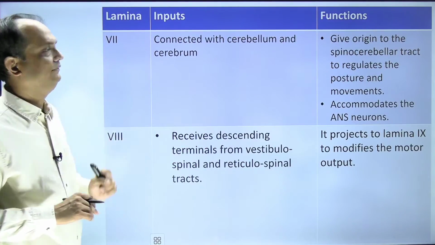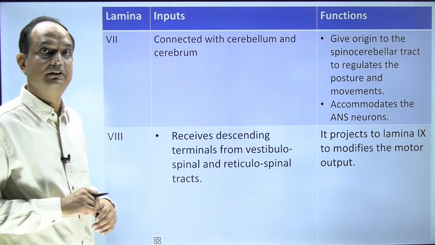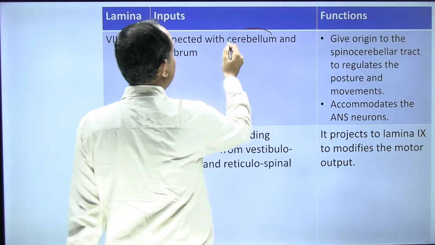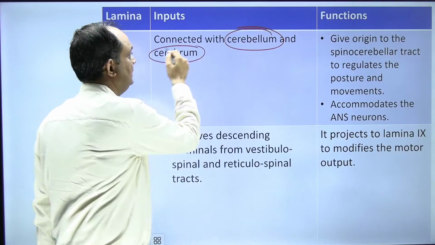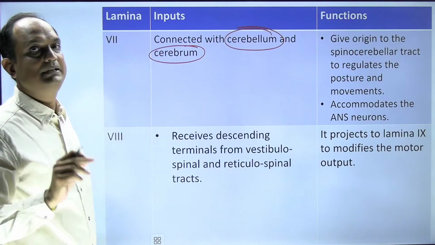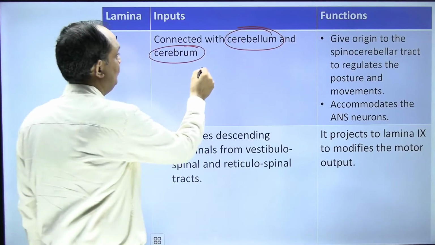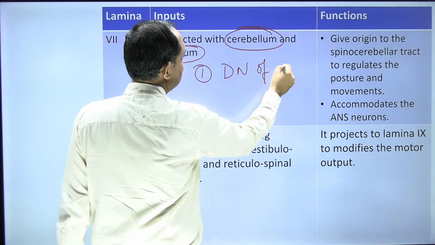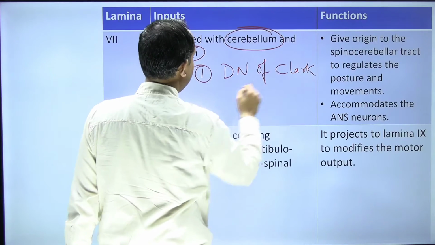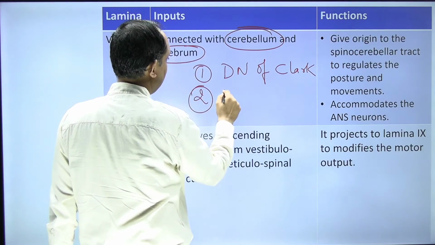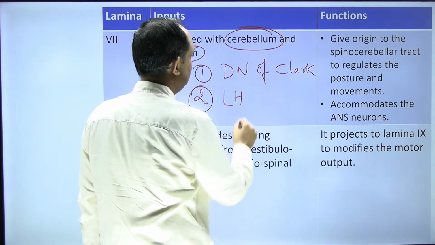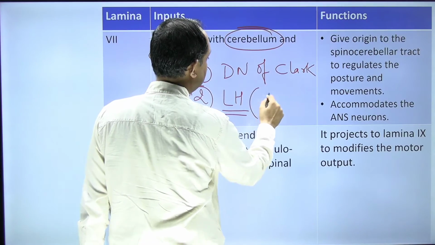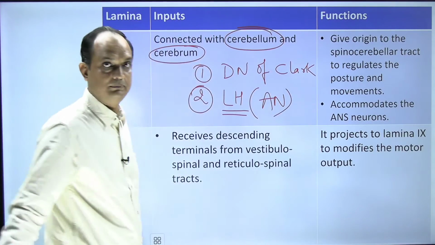Then Rexed lamina 7. Now this Rexed lamina 7 is connected with the cerebellum and the cerebrum. And I told you that Rexed lamina 7 is having 3 nuclei. One is the dorsal nucleus of Clark. Second thing is that they are having the nuclei of your lateral horn. So these lateral horn nuclei are actually autonomic preganglionic fibers.